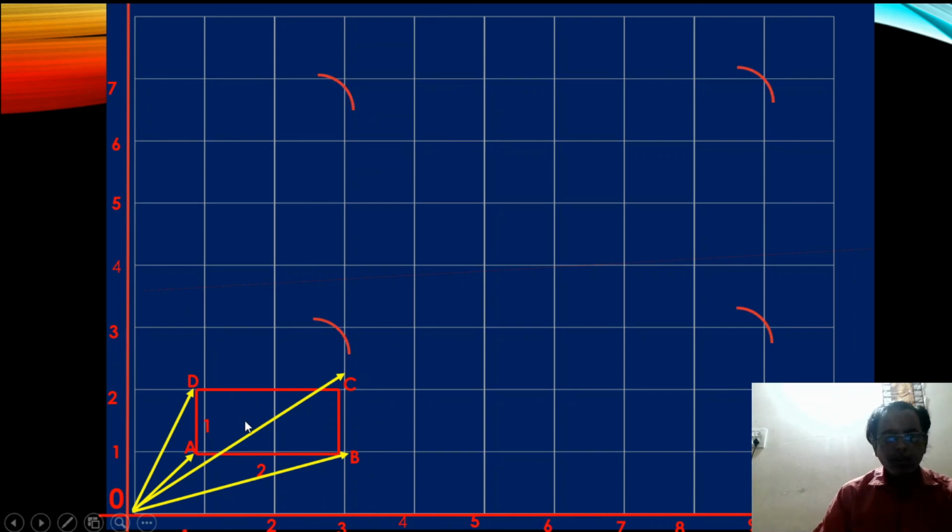To dilate this figure, we have to take the scale.